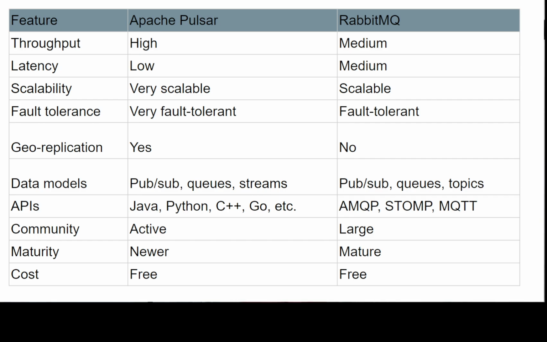Now, if you're asking which is a better publisher-subscriber model to use, where you have publishers that send messages to subscribers and then subscribers receive the messages and process them, both Apache Pulsar and RabbitMQ support that.